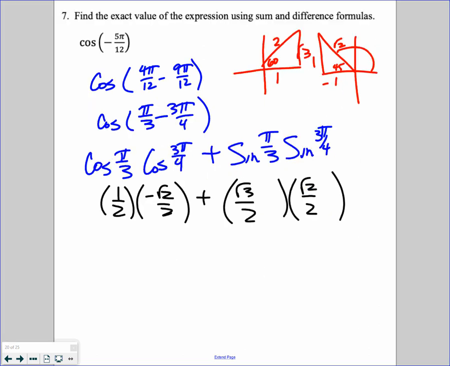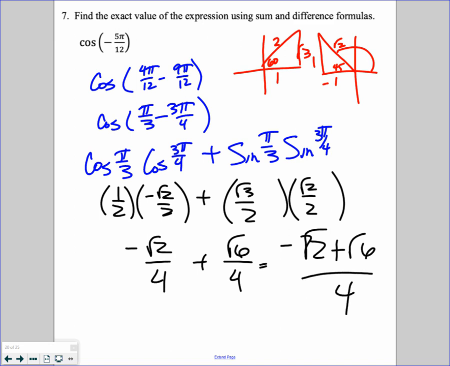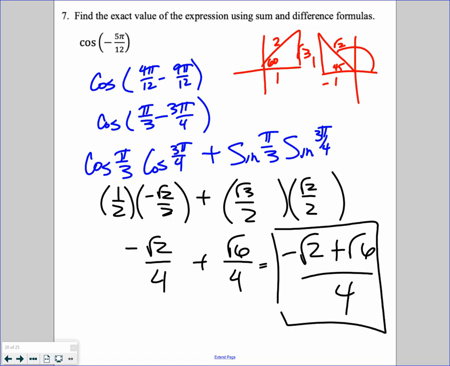Now, algebra. Multiply, negative square root of 2 over 4. Square root of 6 over 4, which is negative square root of 2 plus the square root of 6 all over 4. So this is the exact value for the cosine of negative 5/12.